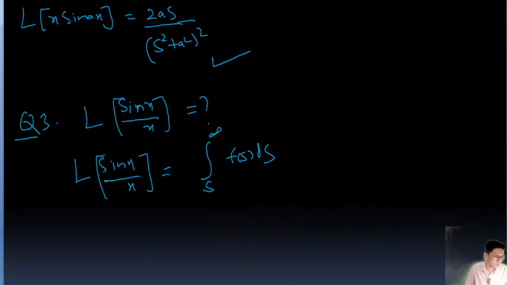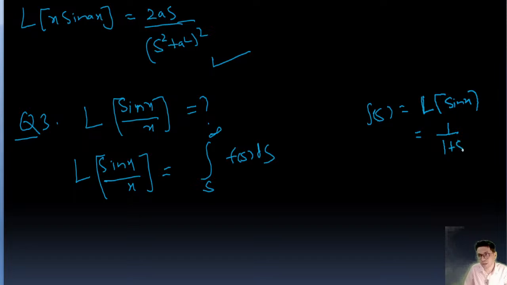Okay, so this is going to be F(s) of sin x, so we know, that's my apology, F(s) means Laplace transform of sin x, and this value we know, right? This is 1 upon 1 plus s square, or 1 upon s square plus 1, right?